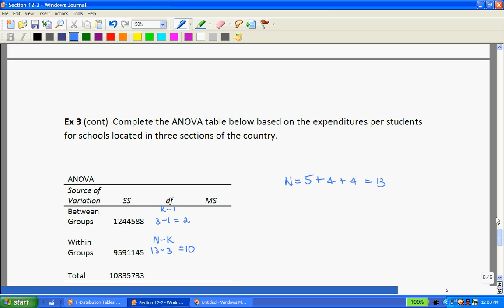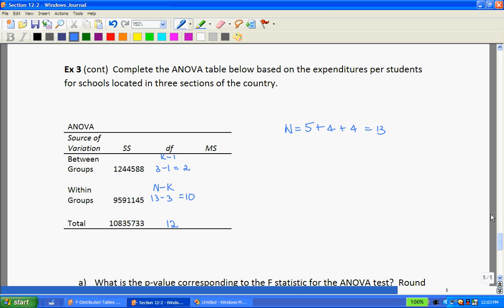I guess you can do a total down here. We might not use it, but it doesn't hurt. Okay, so we found the degrees of freedom. Now, we would not have been able to do that had we not had the summary above of the number of categories and the sample size of each category, so that information was important. But now that we know the degrees of freedom, we can find the mean squares.